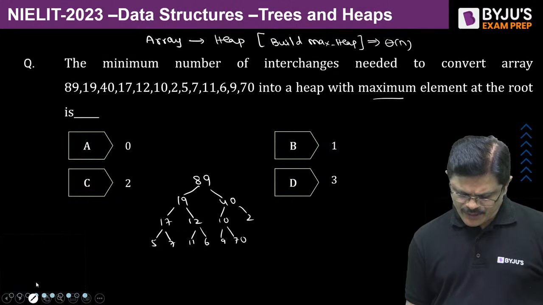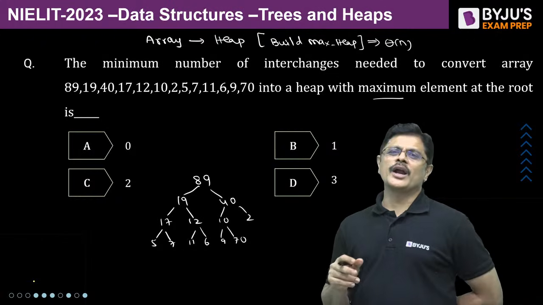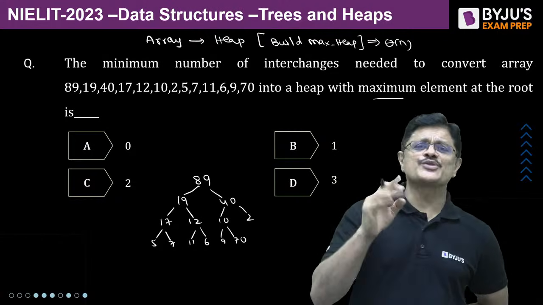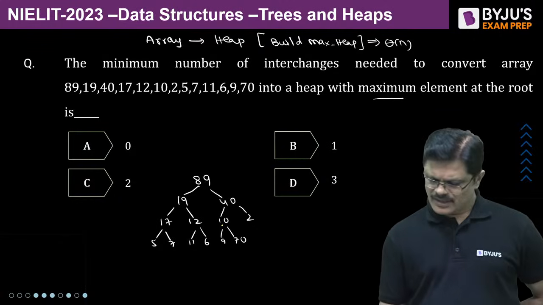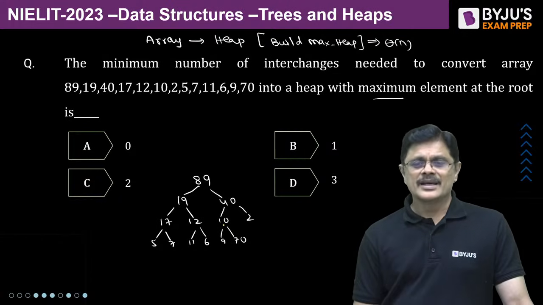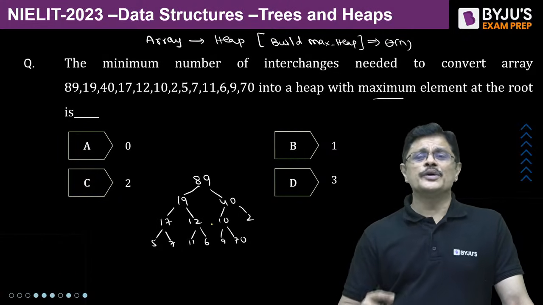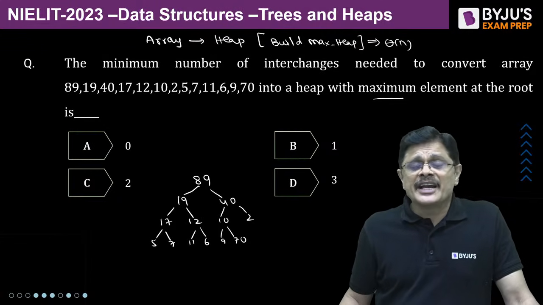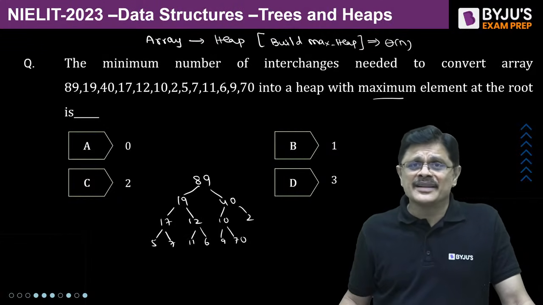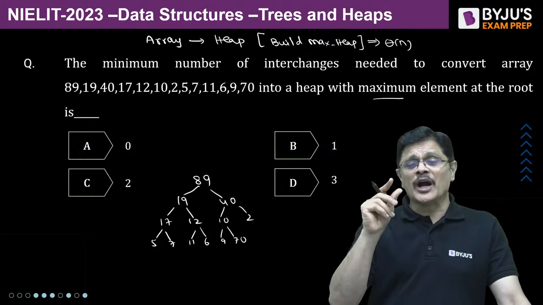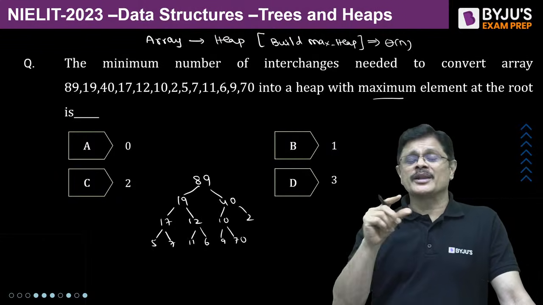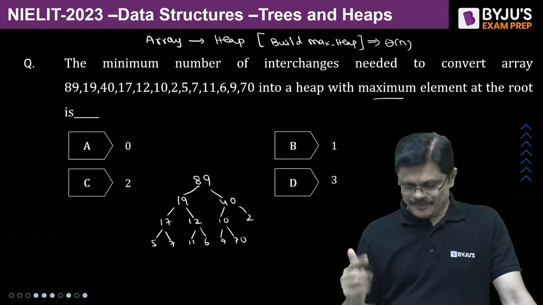See, you start with the node which is having at least one child. So that is 10. What we need to do is, you have to compare 10 with both its children. If any child has the maximum value, then swap with that. That is, you have to swap the root node with the maximum child key.